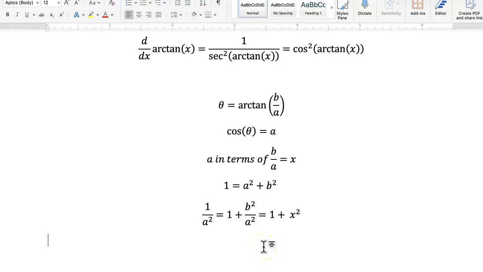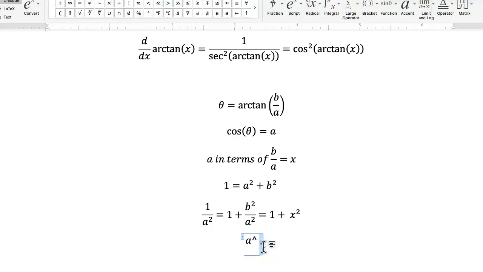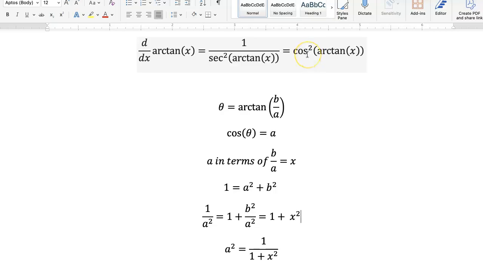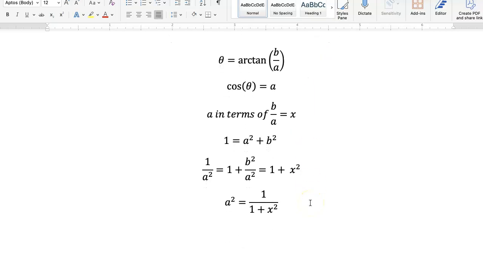So I can write A squared is 1 over 1 plus X squared. And what we actually have here is cosine squared, right? Cosine theta is A. This is cosine squared.